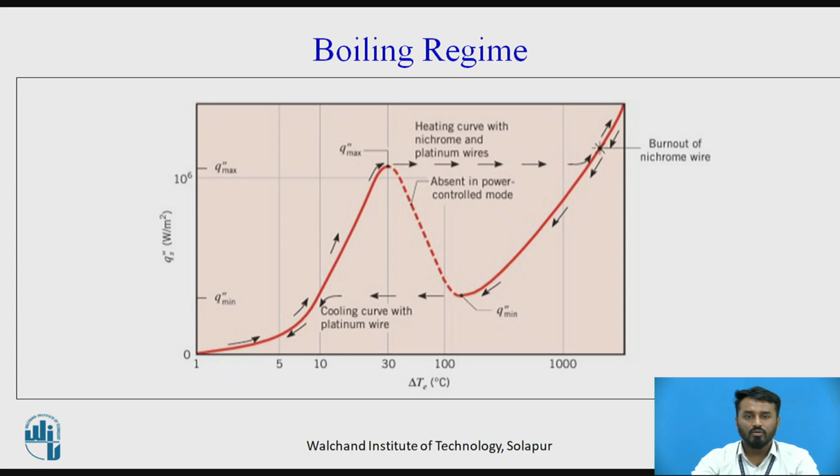From delta T excess 5 up to 30, we can consider this entire zone as the nucleate boiling zone. Within 5 to 10, the vapor bubbles formed near the surface of the nichrome platinum wire will not reach the free surface.